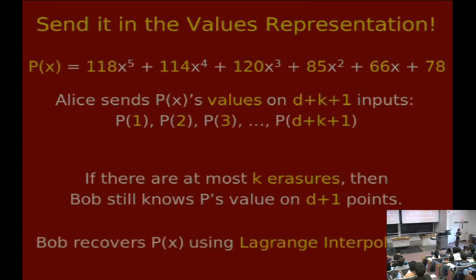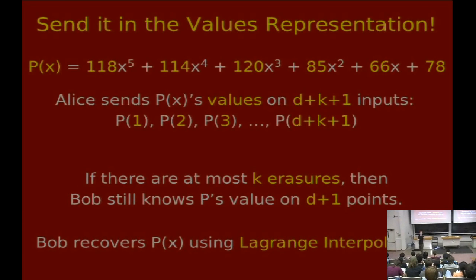This theorem that we proved about Lagrange interpolation: Bob knows that Alice is sending a message of length d, so he knows that the polynomial she has in her head is of degree at most d, and he knows its value on d plus 1 different points. So now he can just do the Lagrange interpolation algorithm and figure out her polynomial, get the coefficients representation, and now he knows the message.